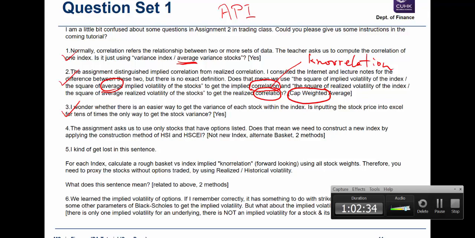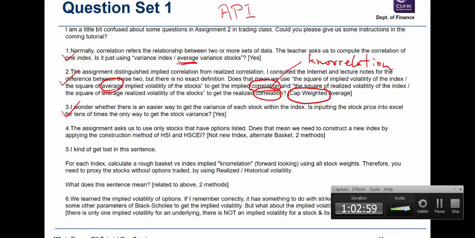No, you don't need a new index. You use the old index and you just try to figure out which stock in that index currently either does not have any available options, or if the liquidity is very poor and therefore the data quality is very poor, then just don't use it.